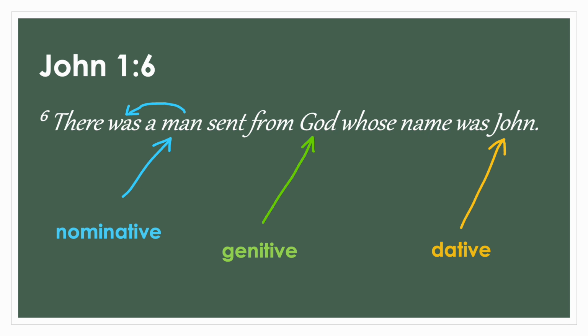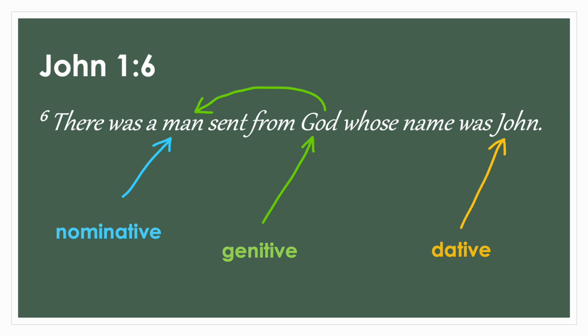So firstly, the nominative, remember, is the main subject doing the primary verb. And the verb, as I said, look out for it because it's mentioned twice. The main verb here is not sent, but the verb to be, was in this case because it's past tense. So the man was. That's the nominative and the verb.